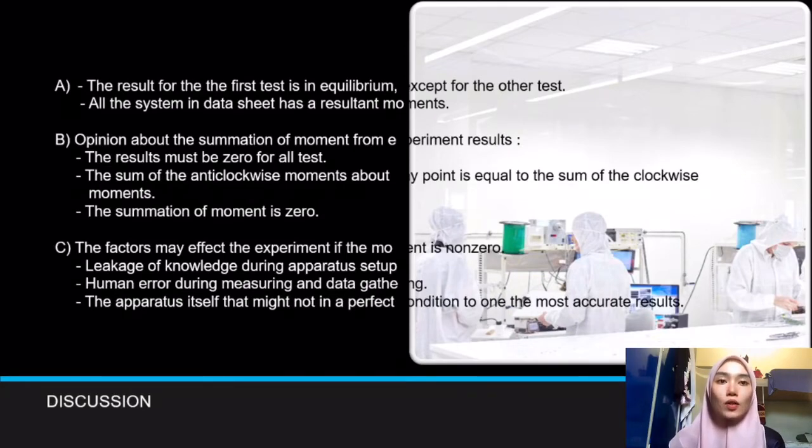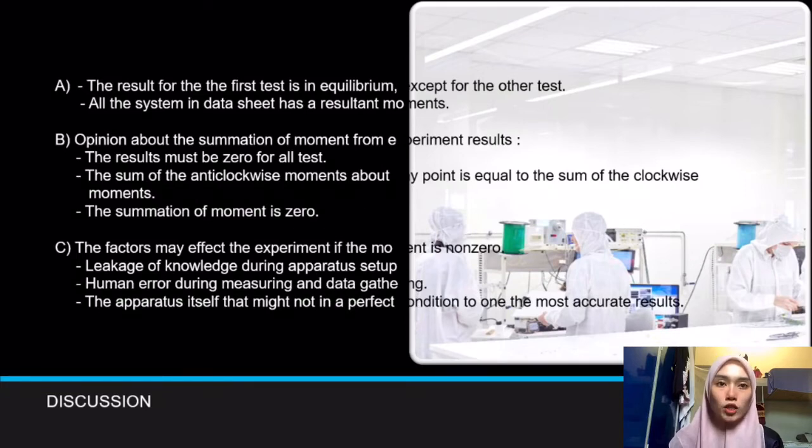Next, all the systems in the data sheet have a resultant moment. For question 2, about the summation of moments from the experiment results, there are three points. First, the result must be 0 for all tests. Second, the sum of the anti-clockwise moments about any point is equal to the sum of the clockwise moments. And the last is that the summation of moments is 0.